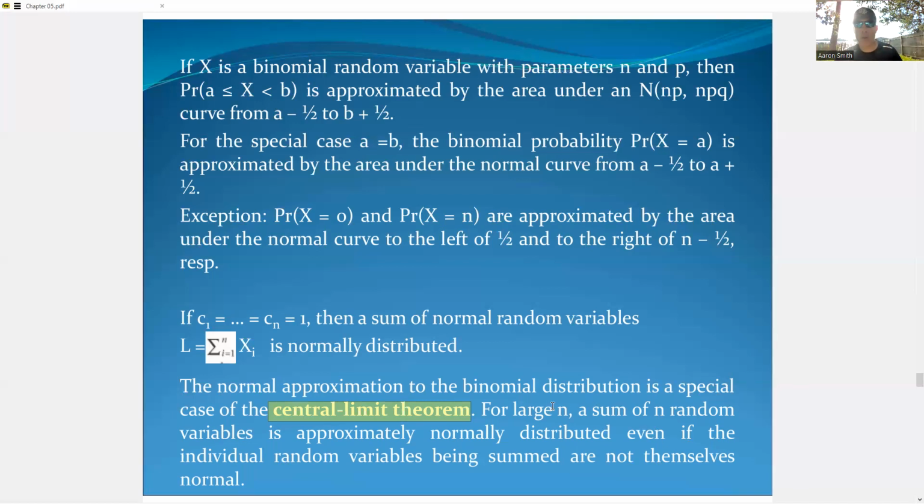So the larger the n, the better the approximation in general. The reason why this is important is that this gives me a way of understanding complicated random variables without having to do a whole heck of a lot of work.